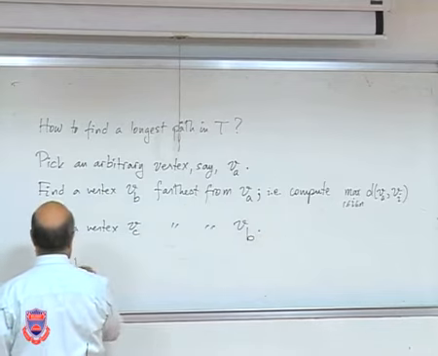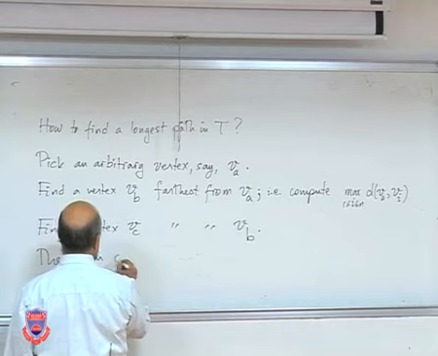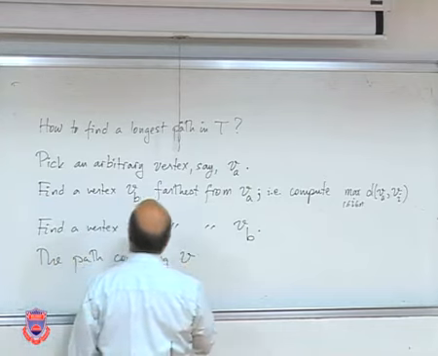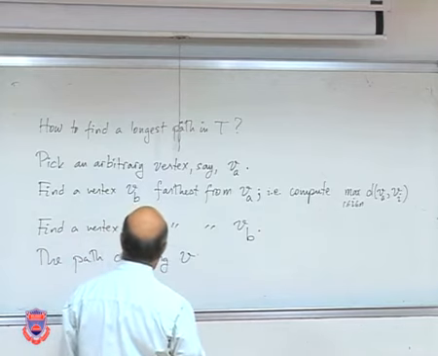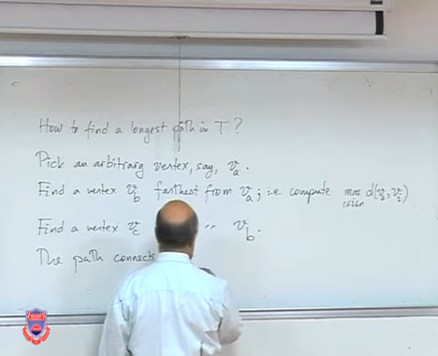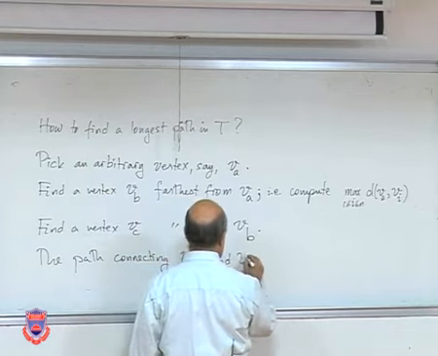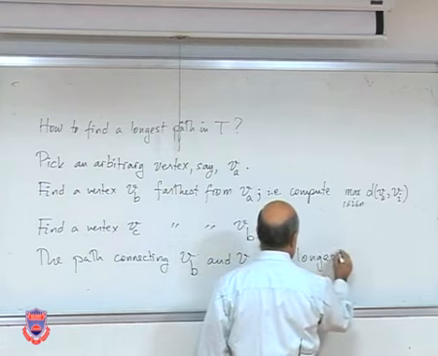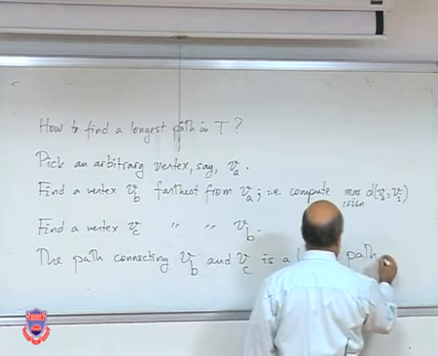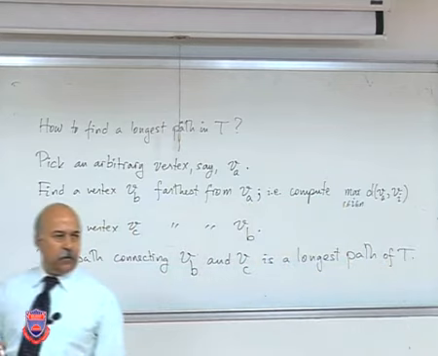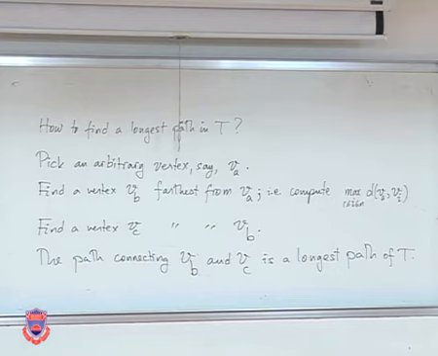The path connecting VB and VC is a longest path, and its midpoint is your minimizer for the absolute center problem.